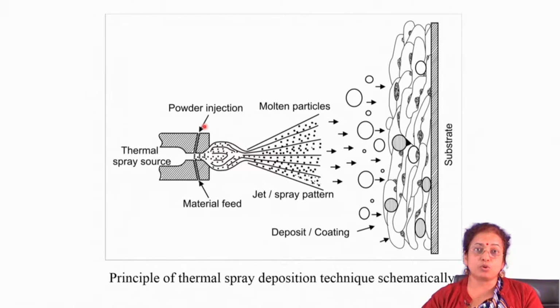If it is too low a dimension, like submicron, then there will be a problem of agglomeration of particles, and a problem of flying of the particles. So, most heat based processes use micro sized particles of the order of 45 to 60 micron. And if you are interested in using nano sized particles for spraying, you have to agglomerate them and subsequently spray dry to make the particle size of that level.